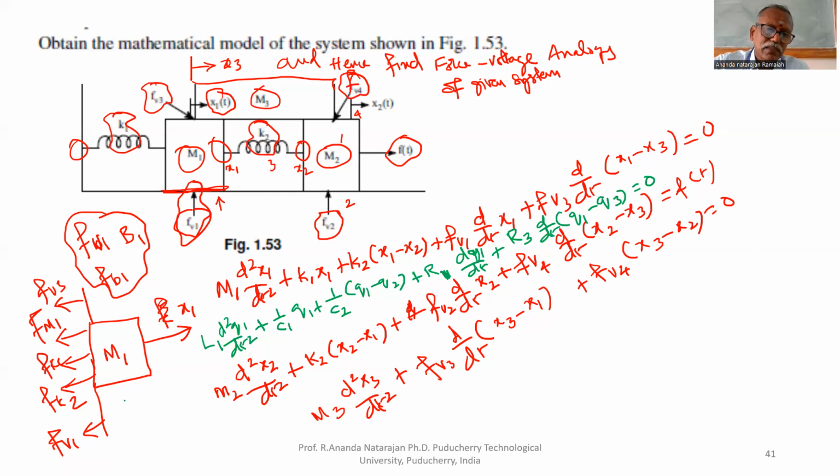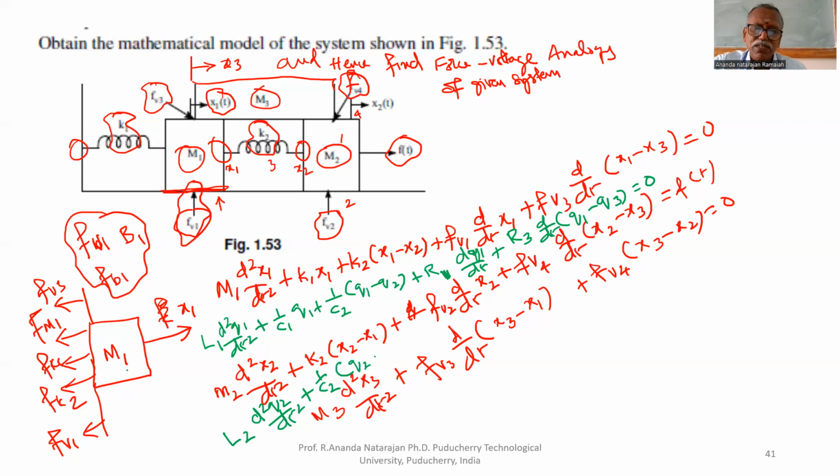For the second equation, L2 d square q2 upon dt square plus 1 by C2. 1 by C2 we already wrote in the previous equation.